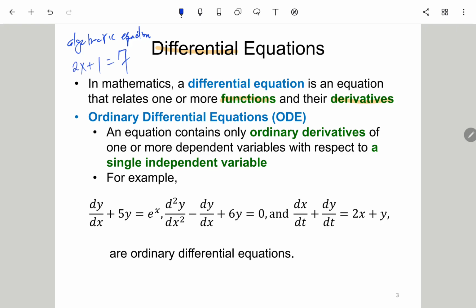I think all of you should be able to solve this kind of algebraic equation. This is only a first order equation with one unknown, so even a primary student should be able to solve it. The solution will be like moving 1 to the right side, and then it will be 7 minus 1 to be 6, and then 6 over 2 is 3.